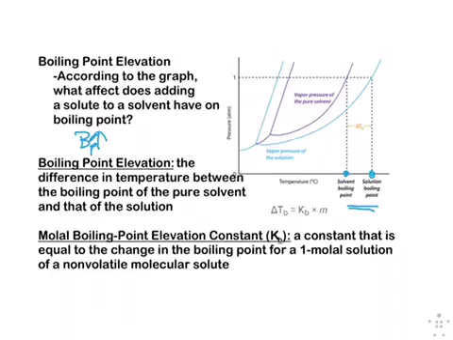Since the vapor pressure of a solution is lower, more heat must be applied to the solution in order to bring its vapor pressure up to the vapor pressure of the atmosphere, because that has to be reached in order for it to evaporate. They need to be the same. And so boiling point elevation is the difference in the temperature between the boiling point of a pure solvent and that of a solution.